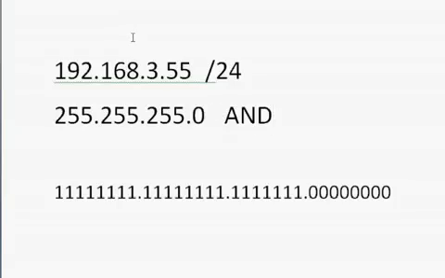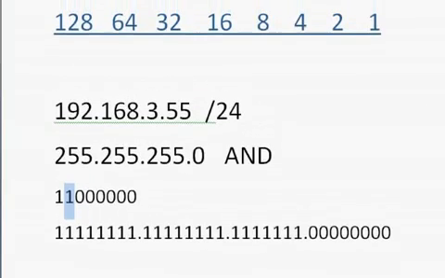So in this case, I'm going to write out now the IP address. 192 is this. The 128-bit plus the 64-bit makes 192. Remember, this is place values, right? For every 8 binary bits like this in a numeral, you've got the 128's place, 64's place, 32's place, 16's place, 8's place, 4's place, 2's place, and the 1's place.